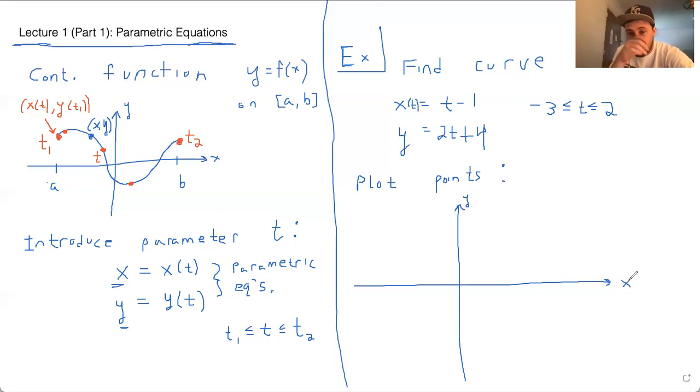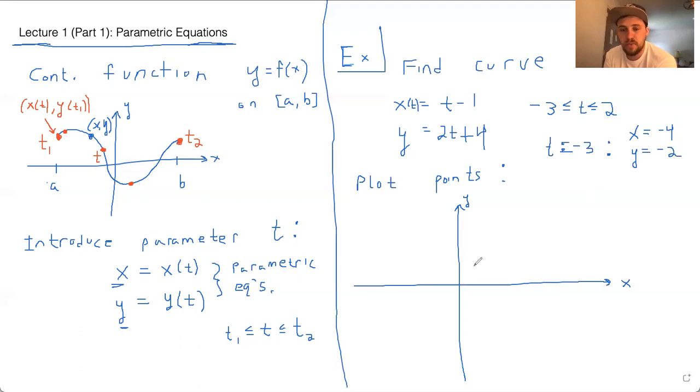Okay, and we can choose a handful of points to pick. Let's just start with the lowest bound. Let's start with t equals -3 and see what we get here. If we plug in t equals -3, we get that x equals -4 and y equals -6 plus 4, so -2.